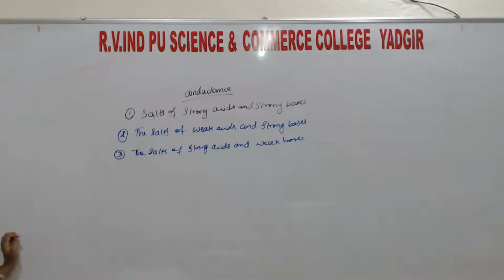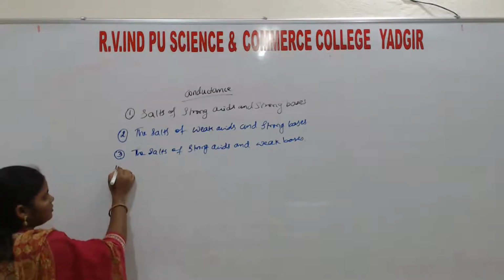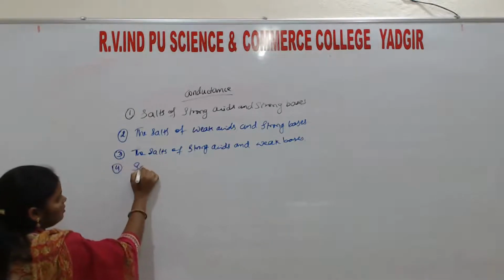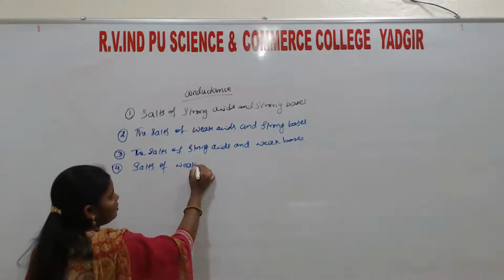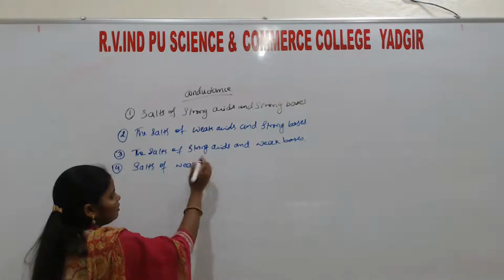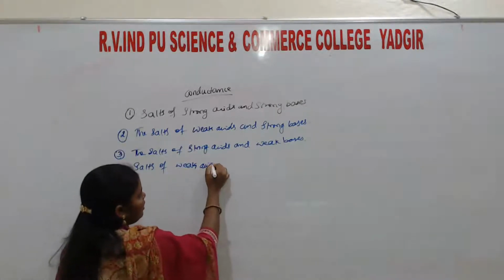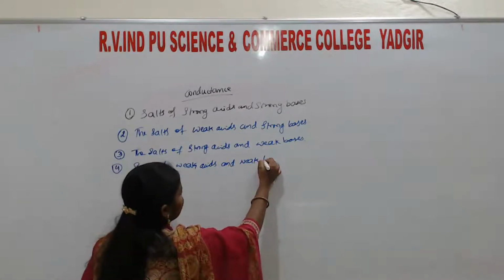Next, fourth one is the salts of weak acids and weak bases.